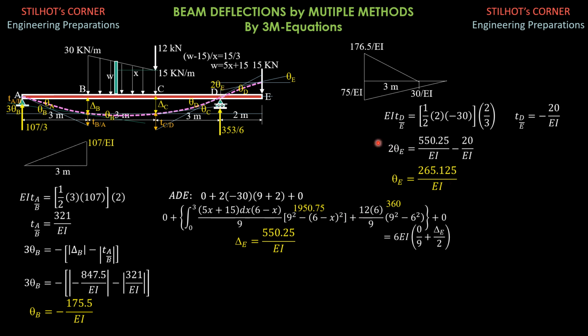So that is 2 theta E is equal to the absolute value of delta E, 550.25, minus the deviation of D relative to E, and the absolute value of negative 20 over EI is positive 20 over EI. So minus positive 20 over EI. Solving for theta E is 265.125 over EI. So that's it for this video.